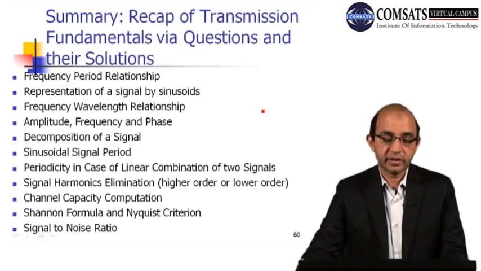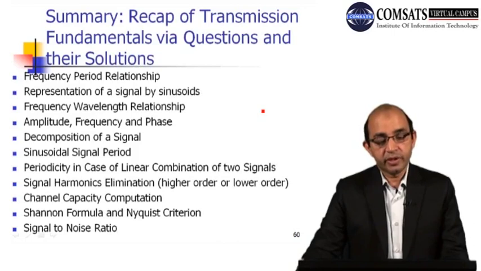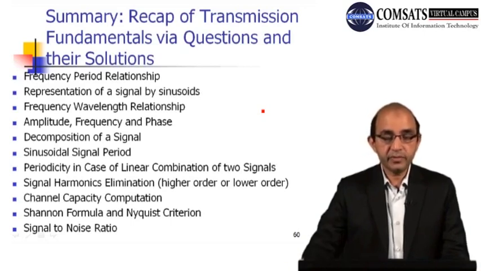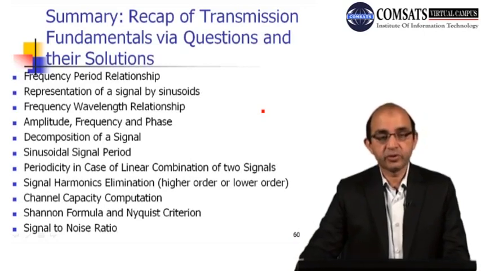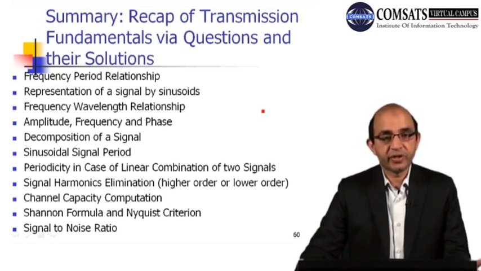First we discussed the period relationship, then the representation of a signal by different sinusoids, and then the frequency wavelength relationship. Whenever we represent a signal in the form of different frequency components, those components carry different amplitude, time period, frequency, and phases. So how do we relate them and calculate those different parameters.